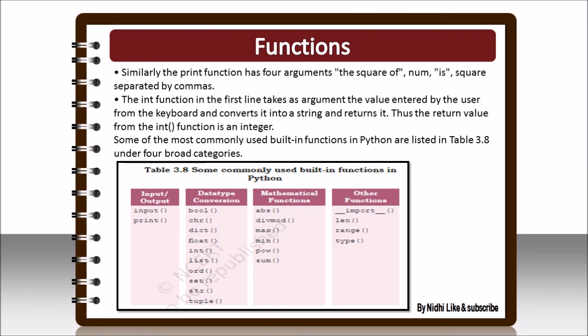Mathematical functions are abs, that is absolute value, divmod, max, min, pow, sum. With import we can use other functions, as import is a module. Also length, range, type, these types of functions we can use. This is just the introduction of functions.